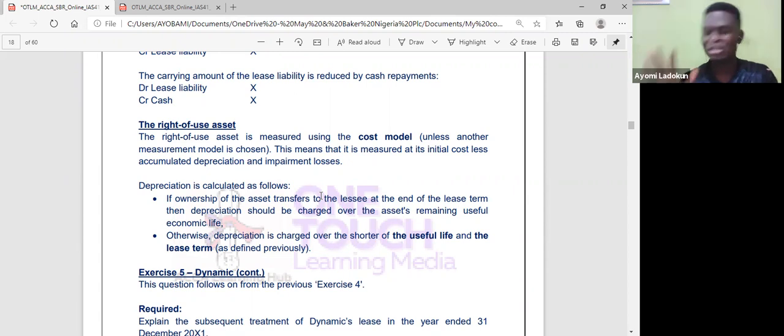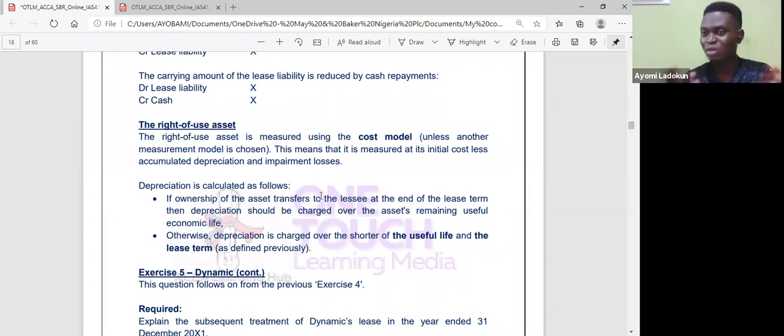As simple as that. But if ownership will not transfer, so that means at the end of the lease term, let's say in this case at the end of 3 years, I will take my car back, that means ownership will not transfer. IFRS 16 now says depreciation should be done over the shorter of the useful life and the lease term.